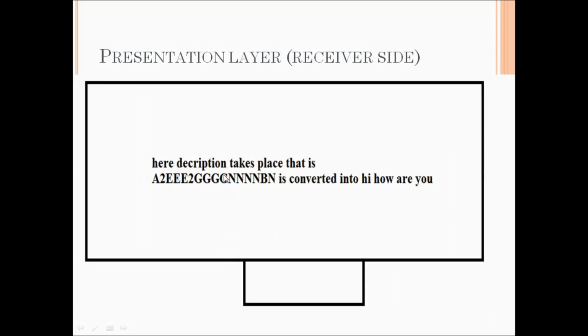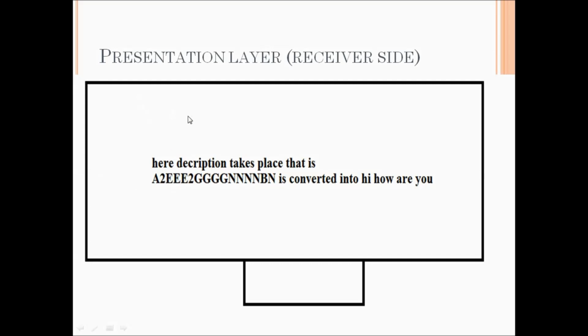Next, see here, now in the presentation layer the decryption takes place. That means the information here, that is A2 triple E2 GGG, which is a different format, is converted into your original form, that is hi, how are you. Up to the transport layer it was in the encrypted form only.